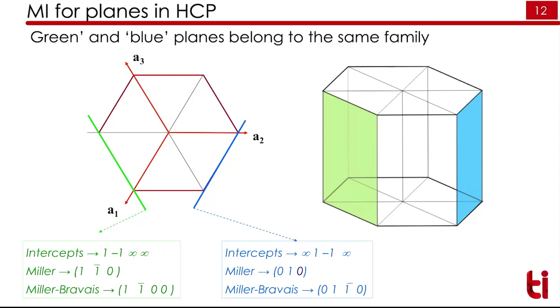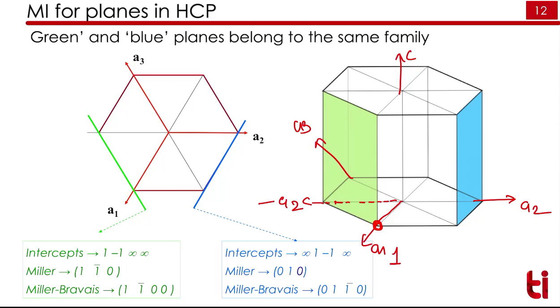Again there are two planes, one in green color and one in blue color. Now we will see in this unit cell. This is A1, this is A2, this is A3, and this is C. First for green color, it has an intercept on A1 of 1, and on A2 it is minus 1 because A1 is here, so this axis will be minus A2.